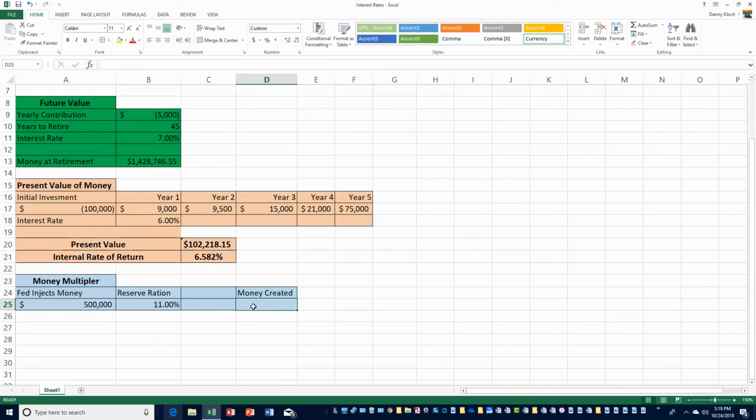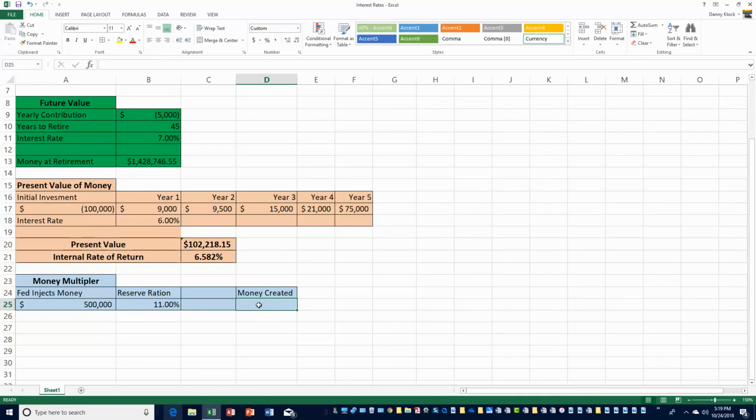So how much money is actually created in the system? This is a big thing, as we'll talk about later in the semester with the Federal Reserve, because when banks loan out money, that money doesn't stop there. I loan it out to buy a car. It filters down through the economy, because the car dealer who gets my check puts the money in the bank, and then that bank loans it out again, as much as it can up to this 11%.